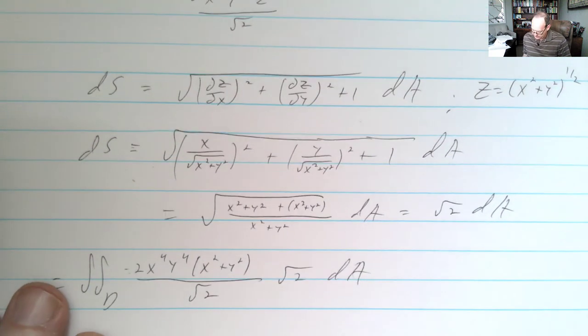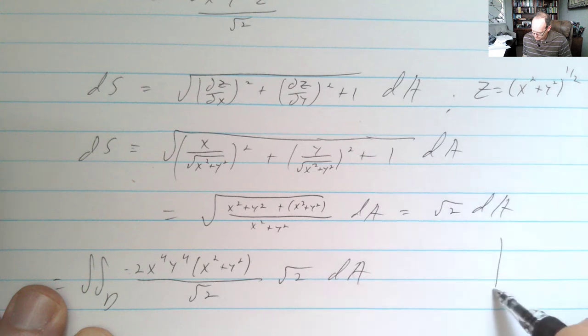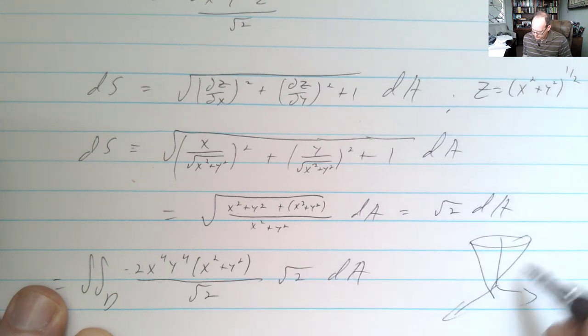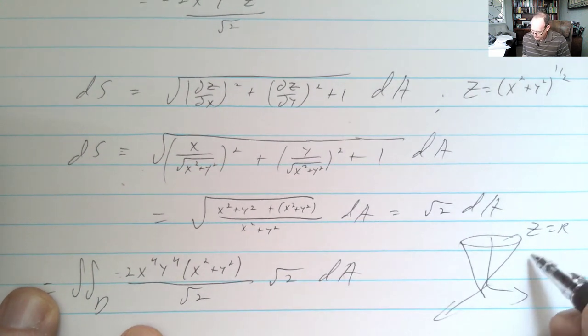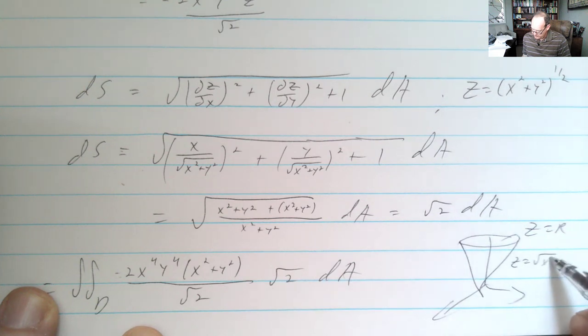Let's say D. Our D, we might know what it looks like because it's got a cone. We're going up to z equals r. The equation for the cone is z equals the square root of x squared plus y squared.